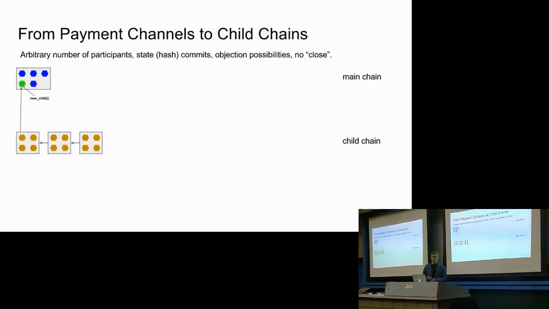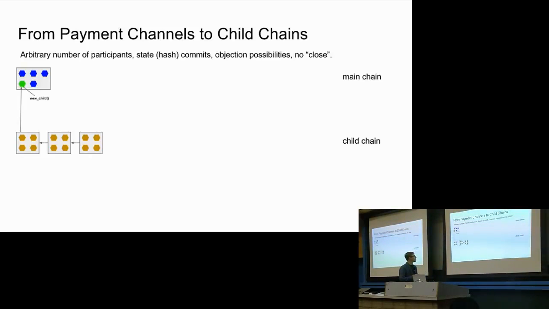This depends on your setting, but usually these child chains would not be operated using proof of work, but for example using a fixed set of validators. So there are, I don't know, 5 accounts in the world, and only these accounts can create the blocks. They come together, call this new child function on the main chain, and then they start creating their child chain.